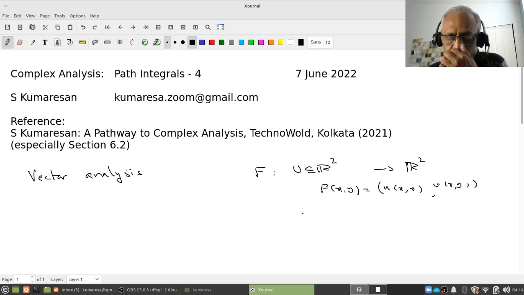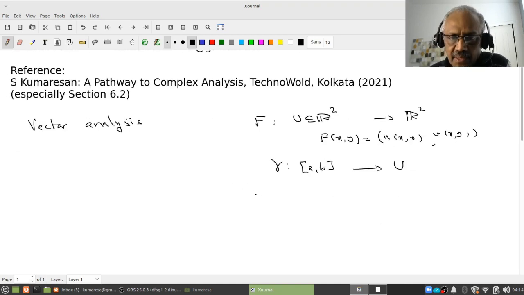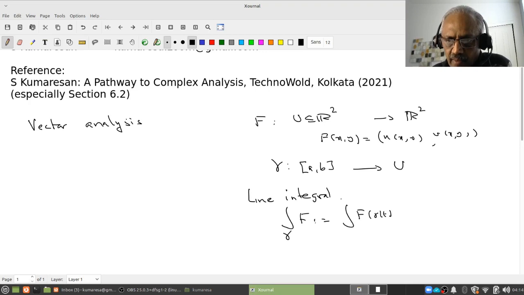Then suppose gamma is a path from a to b in U. Then we define what is meant by the path integral. In vector analysis one usually calls it the line integral, what we call the path integral over gamma. This by definition is the integral from a to b of F of gamma t dot product with gamma dash t dt.